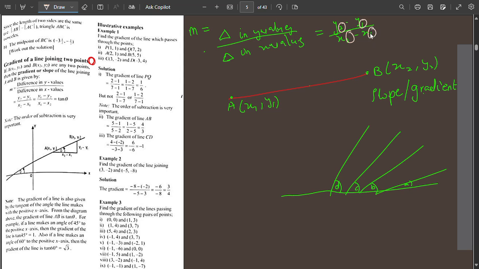You cannot interchange them, that would be wrong. When 2 comes first, 2 should come first. When 1 comes first, 1 should come first. That's the formula for gradient.